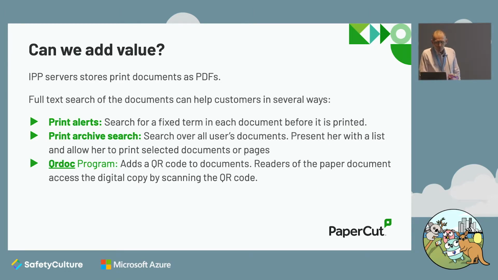Okay, now that we've got all these IPP servers with lots of customers, the next step we want to do is to see if we can add some value to them. One of the ways we can add value is to allow users to search the documents that we're holding before we print them. And here I've listed three classes of users.